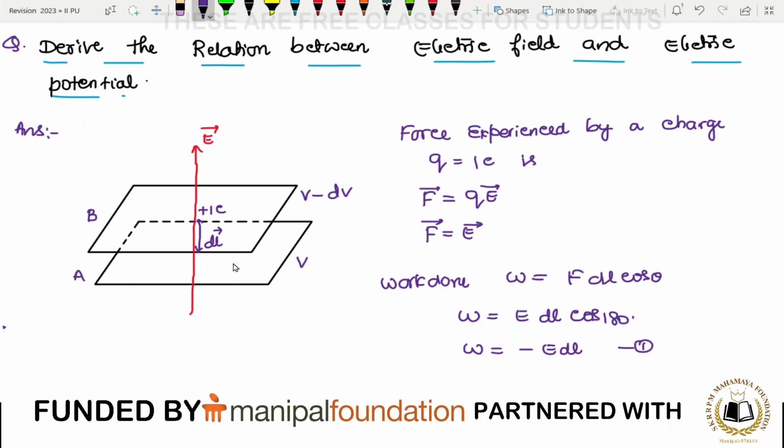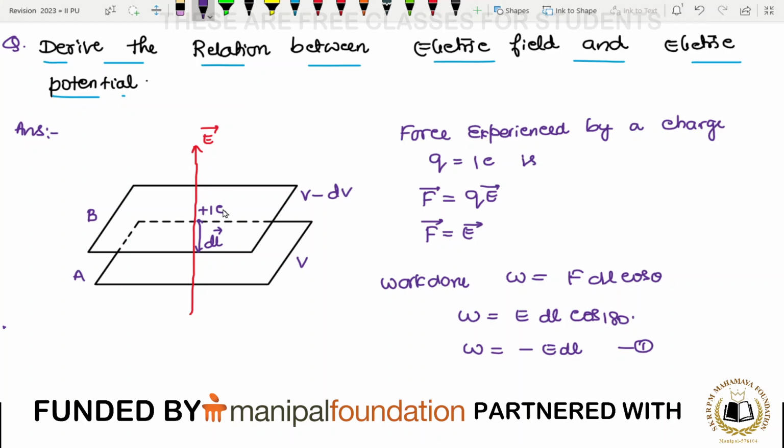There are two formulas. One formula is from the potential chapter, I mean this chapter. One is the basic formula of work done. So first, 1 coulomb of charge is present on surface B. So what is the force experienced by that charge? The formula F is equal to Q into E. Q is 1 coulomb, so F is equal to E. Then force and electric field are both the same here.